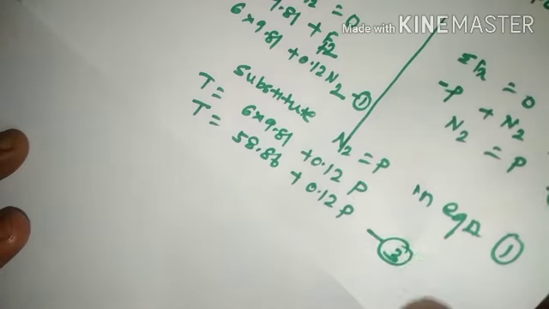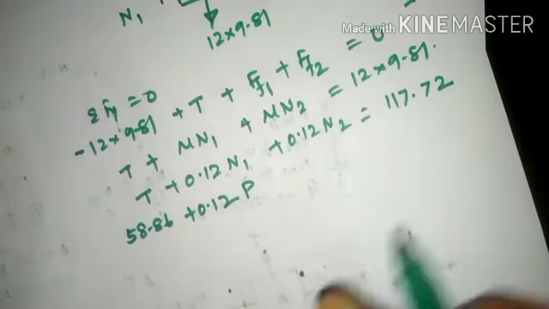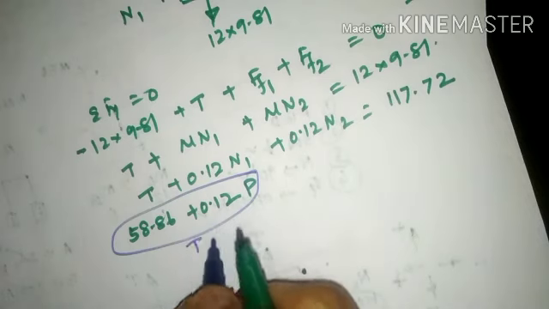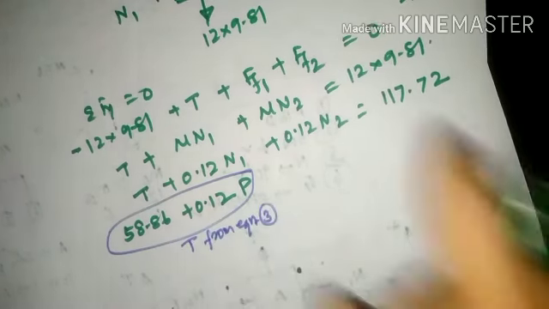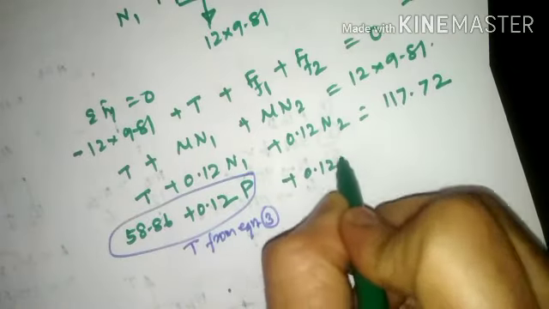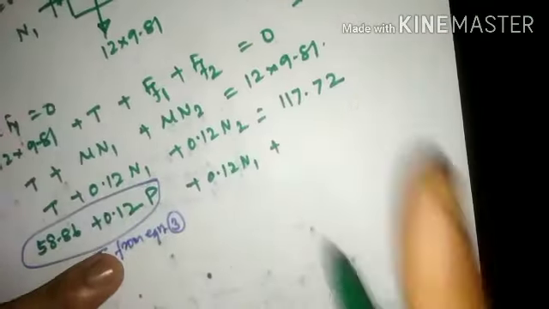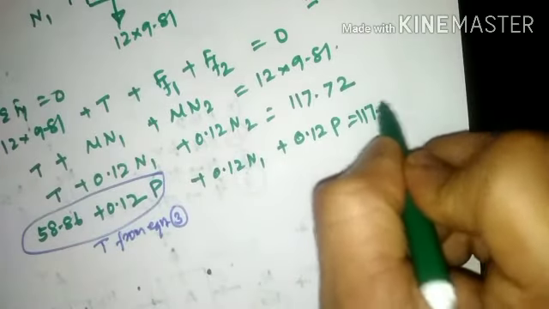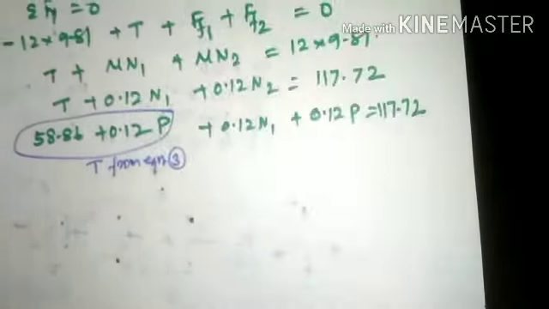So this is the term for T from equation 3, plus 0.12 times N1 plus N2, whose value is already written in terms of P, so which can be written as 0.12 times P. That is equal to 117.72. So we need to find out again the value of N1 in terms of P.